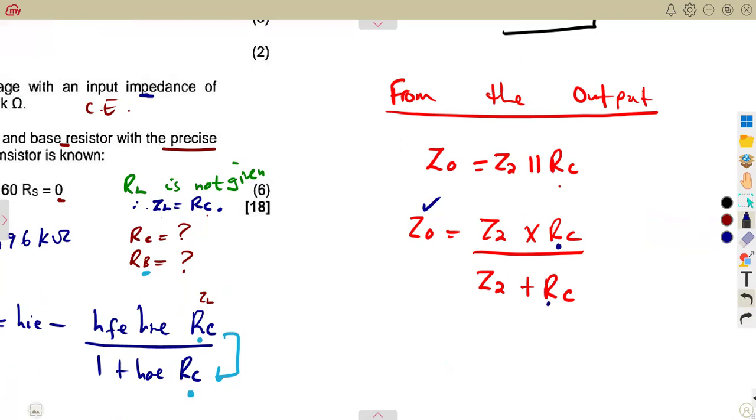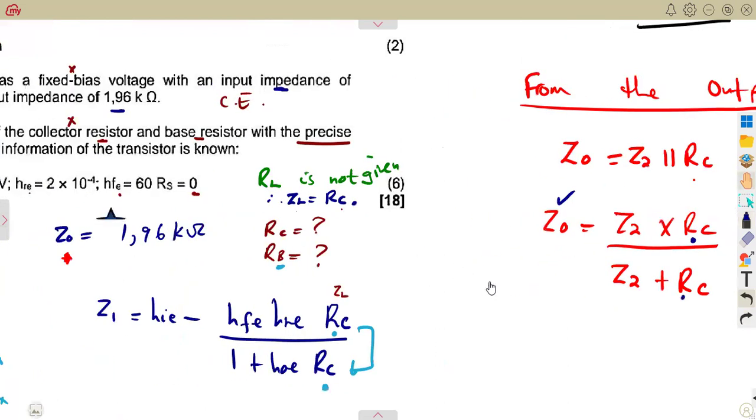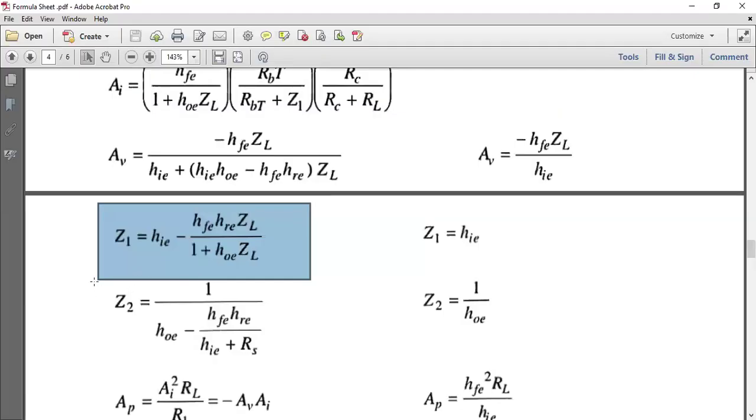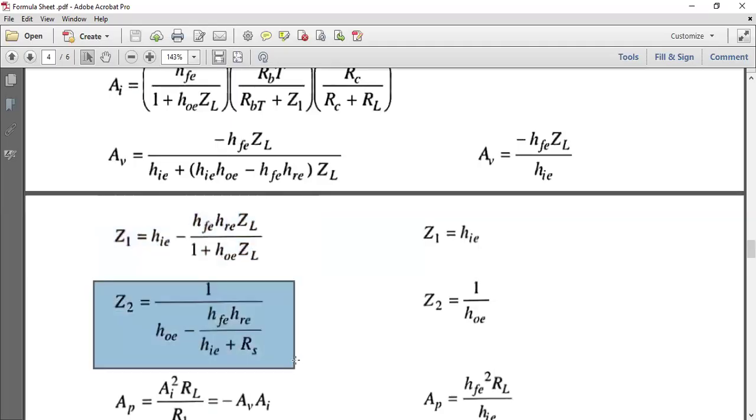Where Z out is given, this is our Z out. But we do not have Z2, which is the output impedance of the transistor only. That is where the precise method plays a role: how are you going to calculate Z2 by the precise method? Our Z2 was supposed to be calculated from this formula.